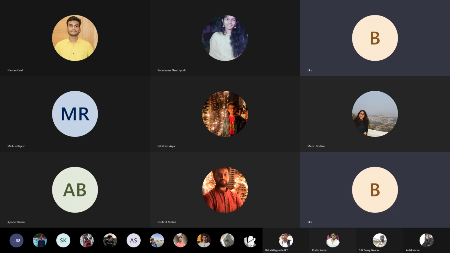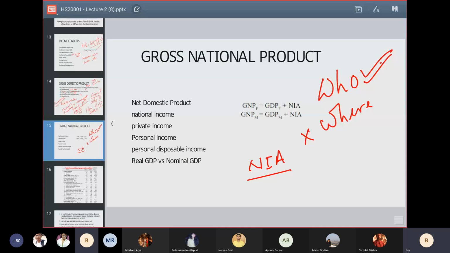GDP as well as GNP, there is what you call net domestic product as well as net national product.